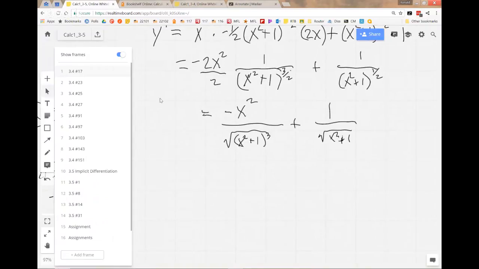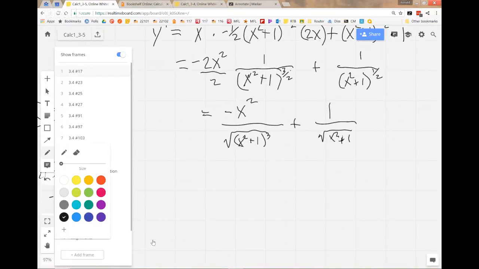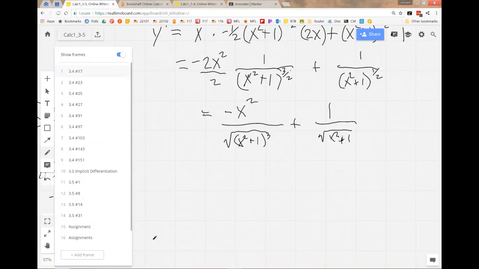So to get a common denominator, we need to multiply top and bottom by that. We now have a common denominator.